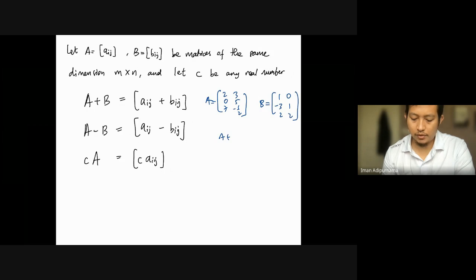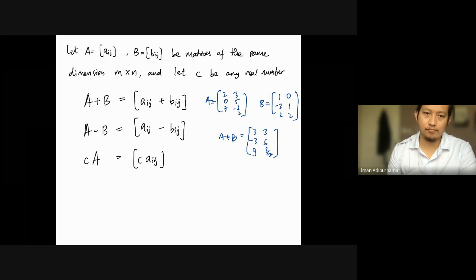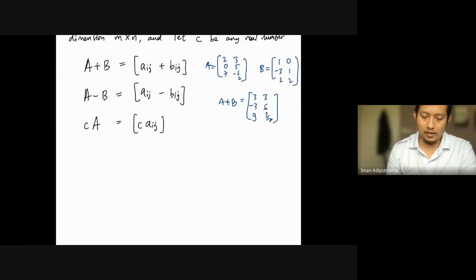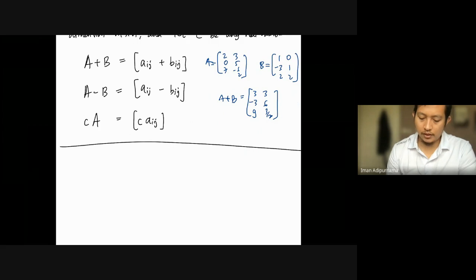So A plus B will be 2 plus 1, 3, 3, 3, 6, 9, and then negative 1, 2, and 3. Not really a problem here, I think. Okay. But I think the one that is important is this one, the properties.